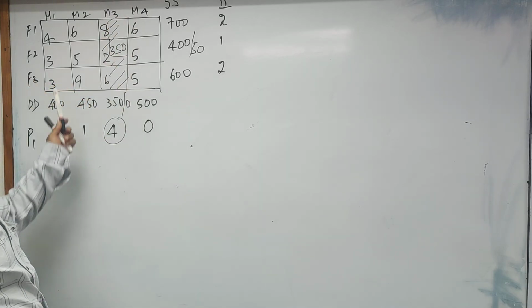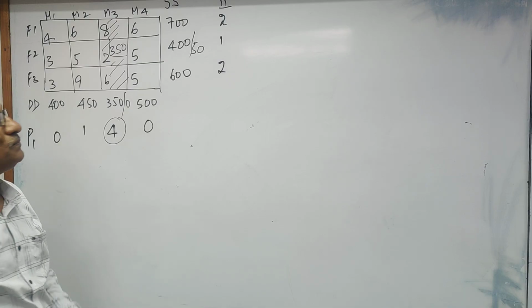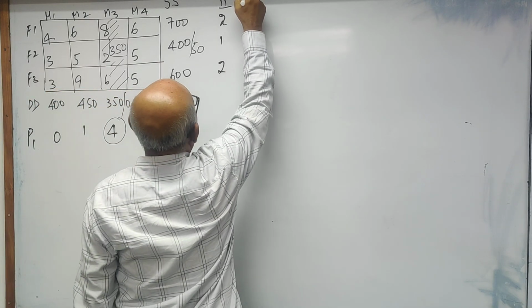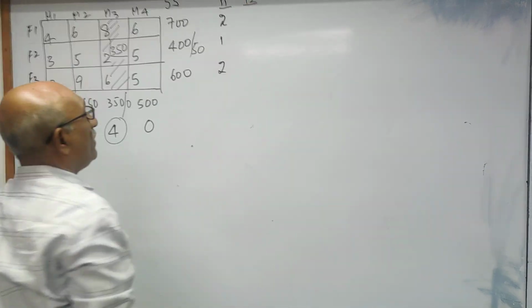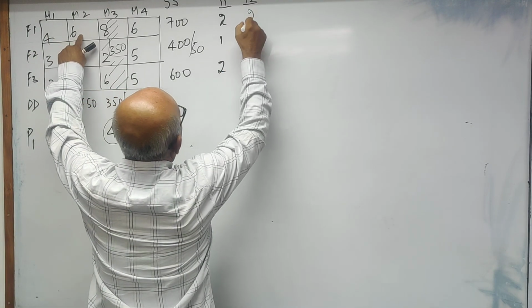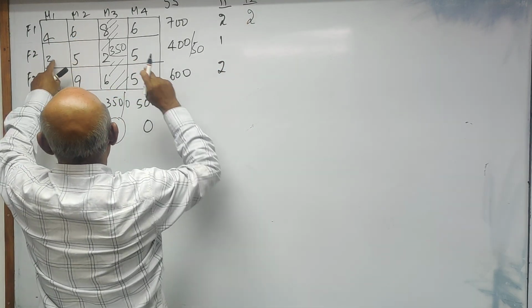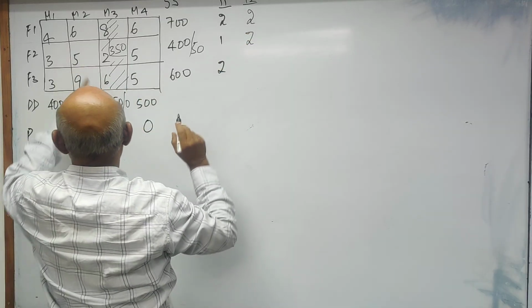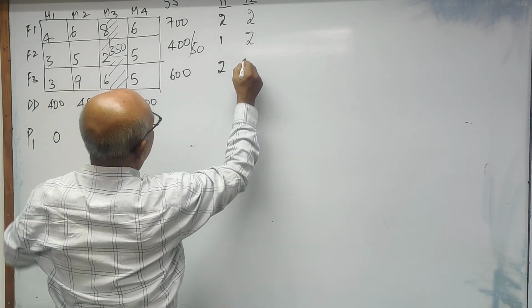Now this is the reduced cost matrix I have. Calculate penalties once again. For the reduced cost matrix, 4 and 6 difference is 2, 3 and 5 difference is 2, 3 and 5 difference is 2.